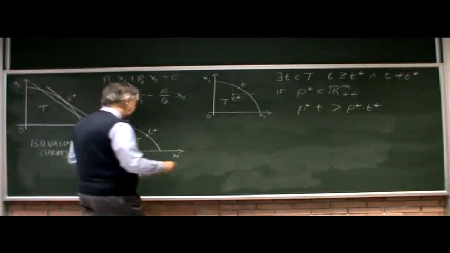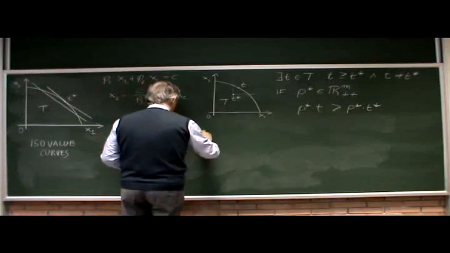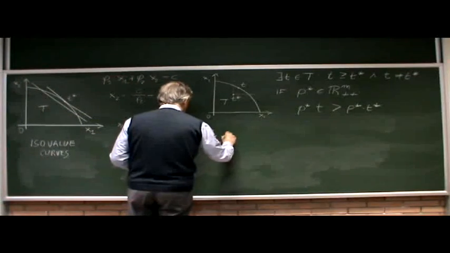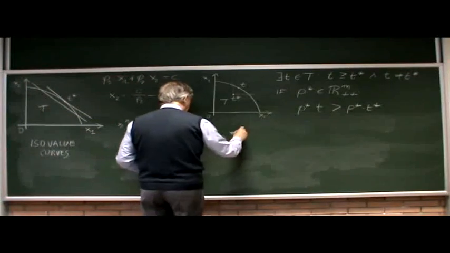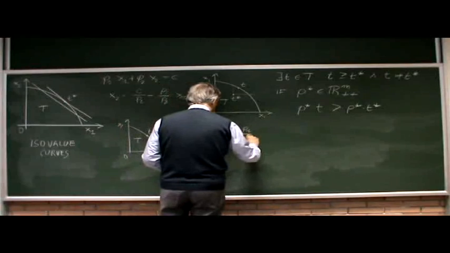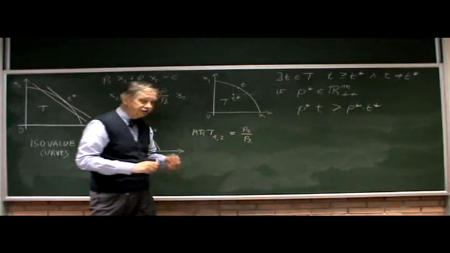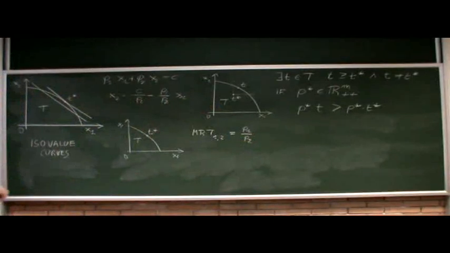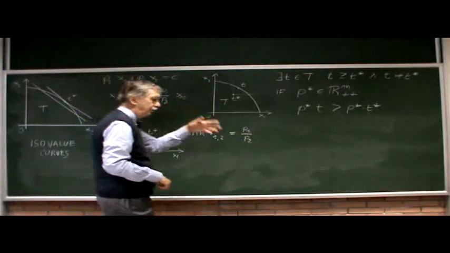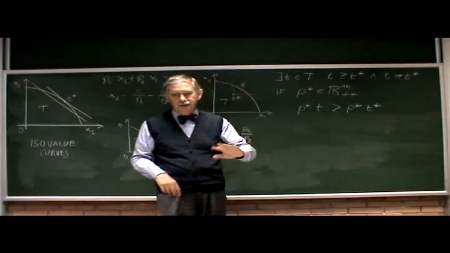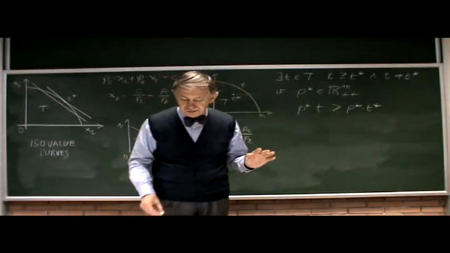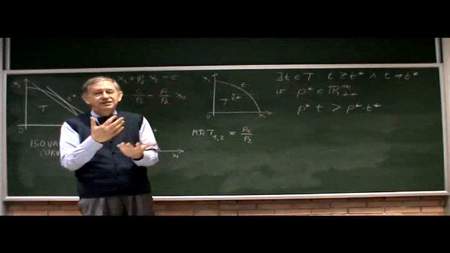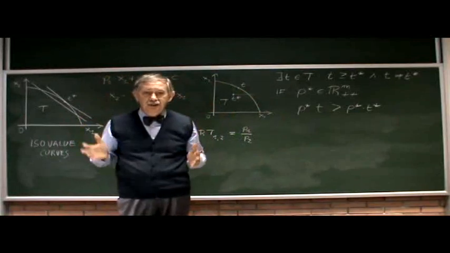So in marginal terms, the marginal rate of transformation between our two goods must be equal to the ratio of their respective prices. A well-known result of elementary microeconomics, and so on. However, we are not interested at this point in these marginal results. They are simply a consequence of a previous lemma.